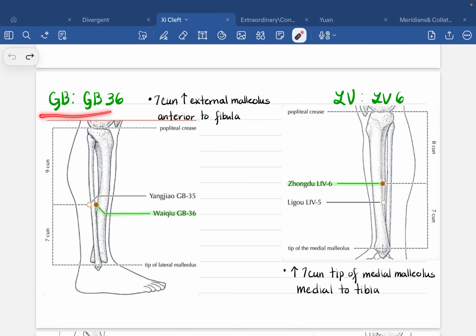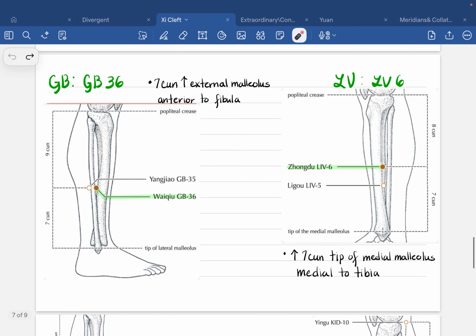Now for xi-cleft, GB 36 for gallbladder, and for the liver, it'll be liver 6. So it's going to be 7 cun up from the external malleolus, anterior to the fibula. So why is this important? GB 35 and 39.